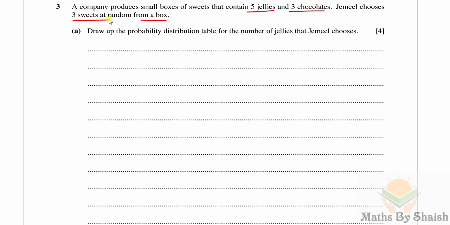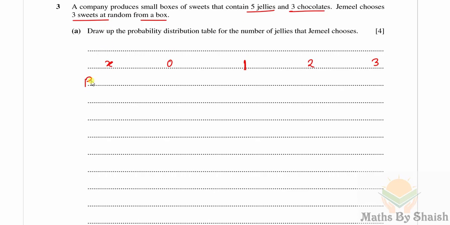So for the distribution, let's say the number of jellies is denoted by x. We have the possibilities: no jellies at all, 1 jelly, 2 jellies, or at most 3 jellies, because there are 3 sweets he can choose.